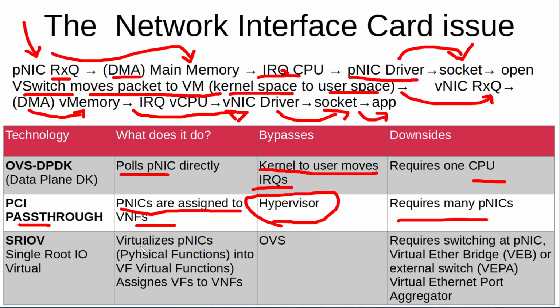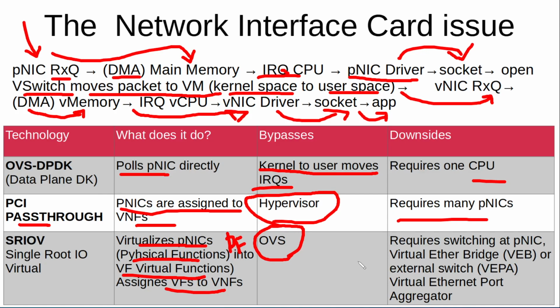With this, we start by virtualizing physical NICs that are known as physical functions or PFs, and these get virtualized into virtual functions or VFs. Then the virtual functions will be assigned to VNFs or virtual machines. This will bypass the Open Virtual Switch altogether.